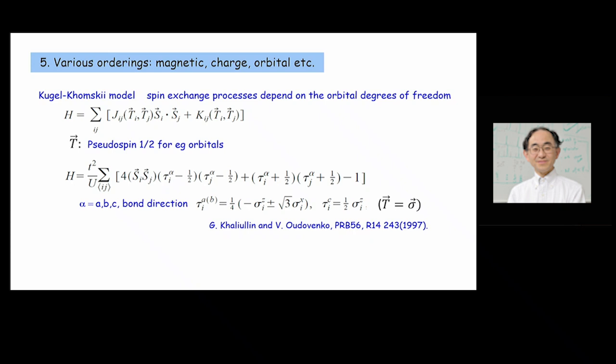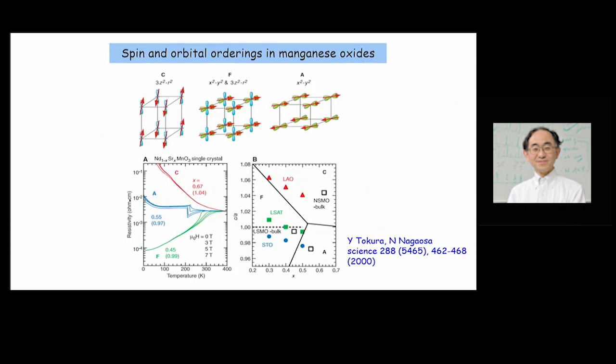And you should look at these articles for more details. This is one example for the thin film of manganese oxide. In this case, we are doping carriers, where x is the doping concentration, and x versus c over a, this is a strain.